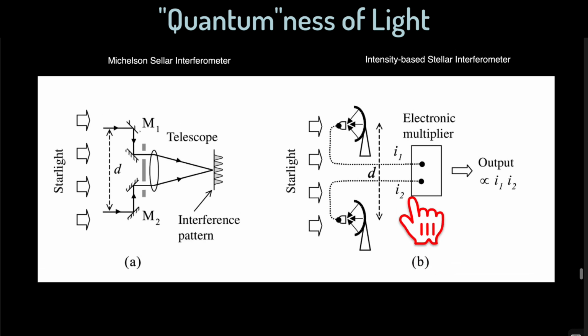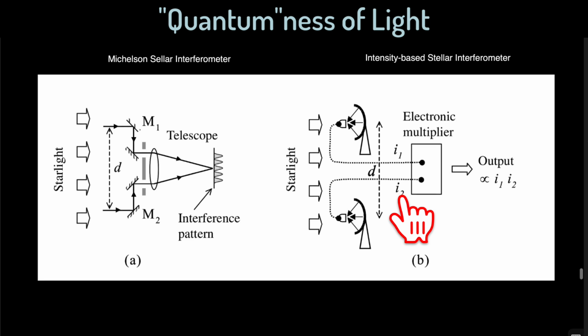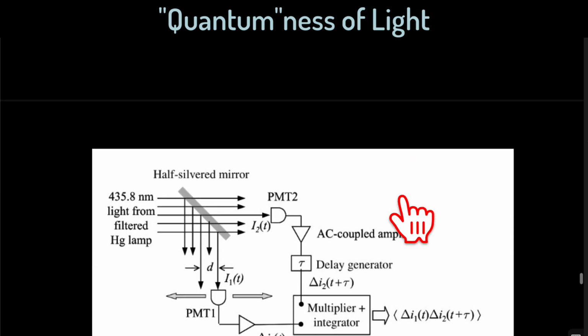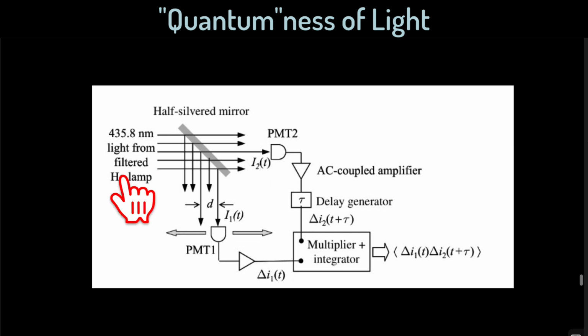Now, why are we discussing this in the context of quantum optics is the question, and that would be evident by understanding how we detect the light in such interferometric measurements.